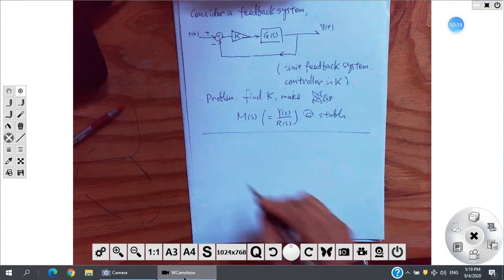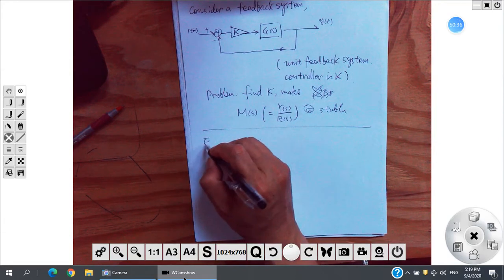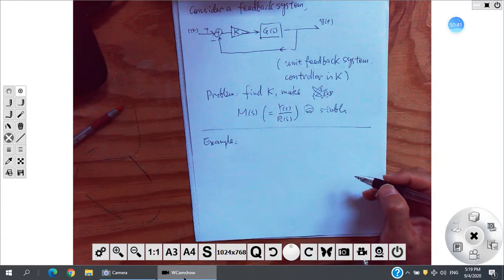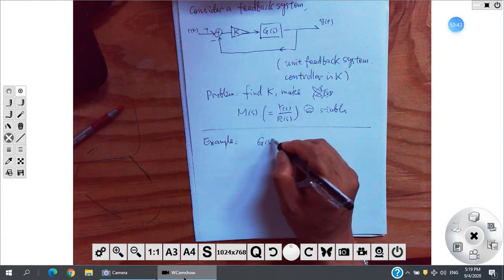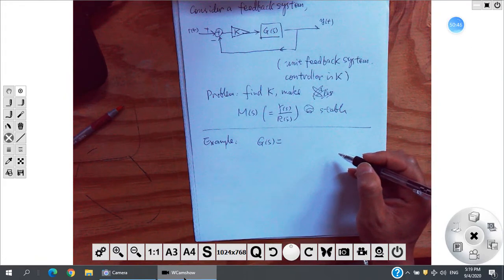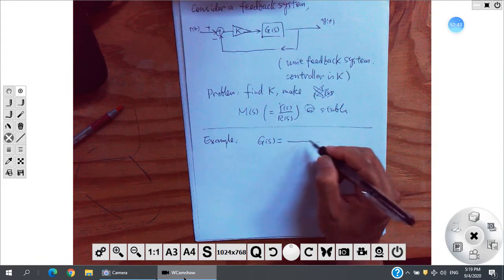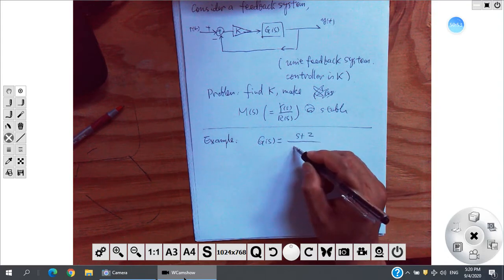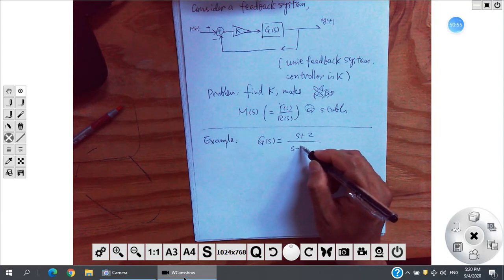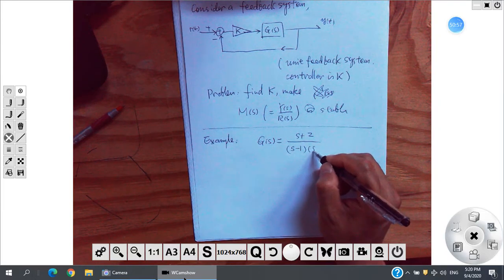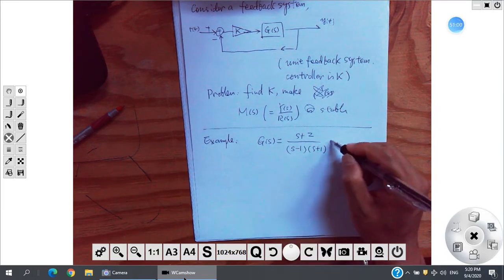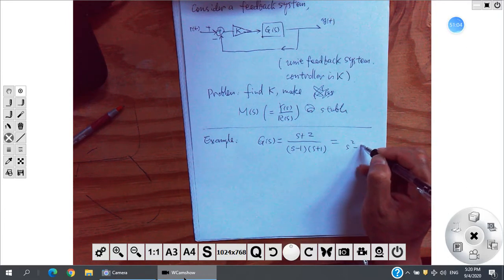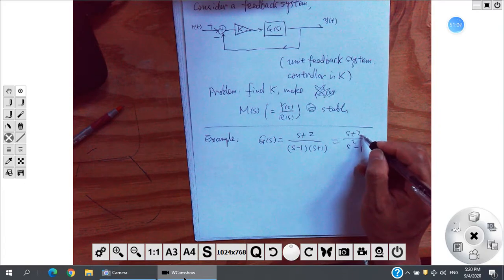Alright, let me use an example to explain it. Suppose G of S equals, let me give an unstable system, S plus 2 over S minus 1 and S plus 1, which is S squared minus 1, with S plus 2 in the numerator.